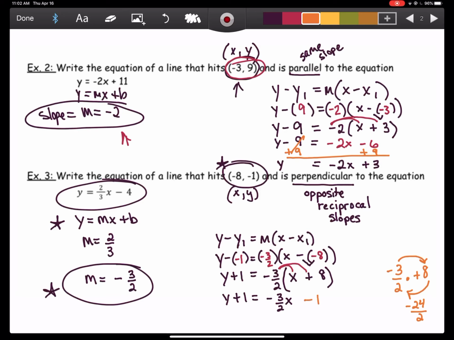All right. One more or two more steps? One more step, really. Let's keep going. So we're going to subtract 1 from both sides because we need to get y alone. Subtract 1. And we end up with y equals -3 halves x minus 13.